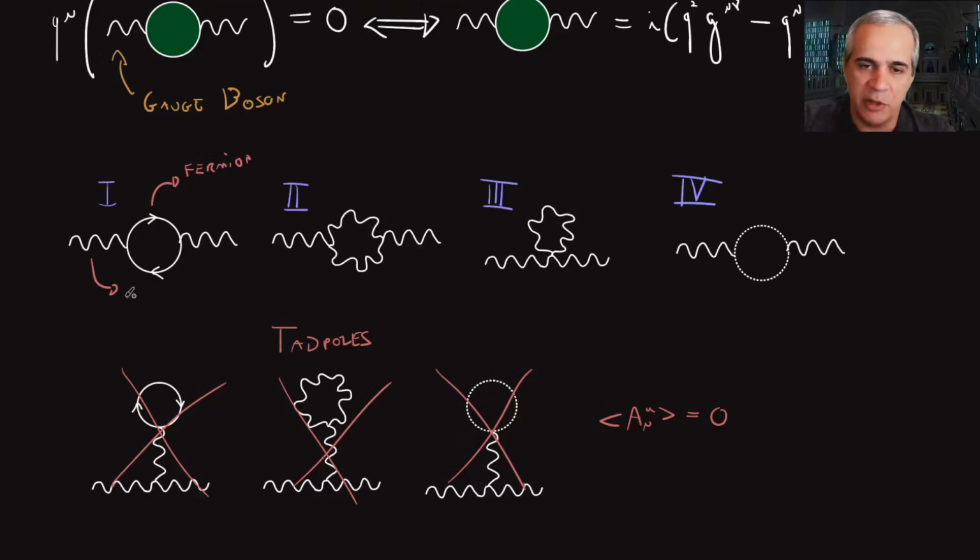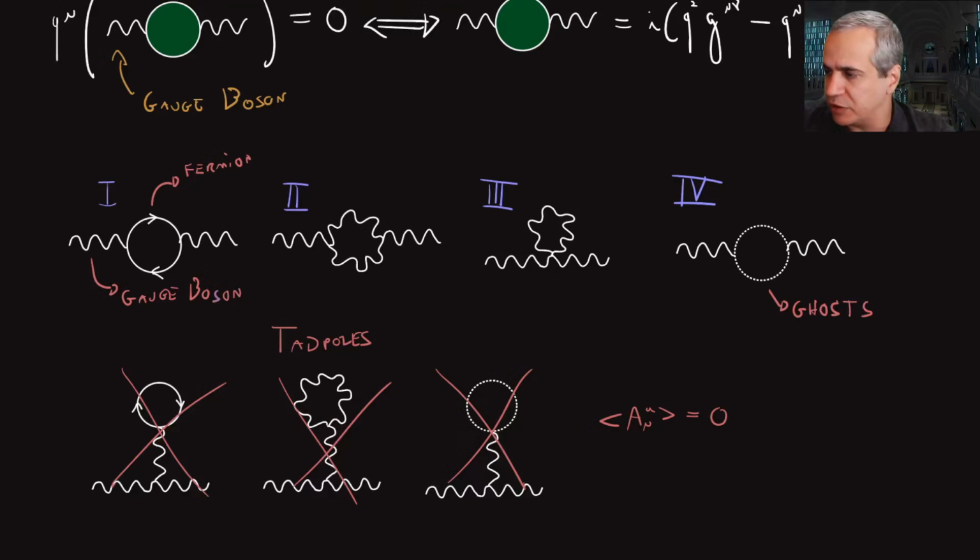This is the gauge boson, as I said before. Now I'll be talking about a non-abelian gauge theory, so these are non-abelian gauge bosons. And this dashed line will be the Faddeev-Popov ghosts. Also, as far as the perturbative expansion here, remember that these couplings were proportional to g.